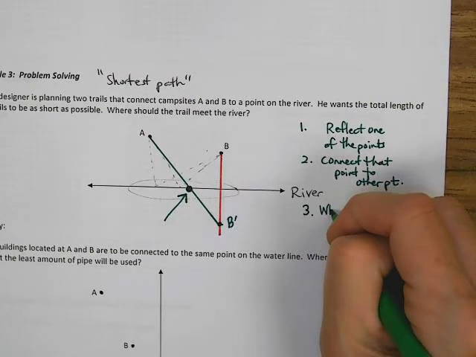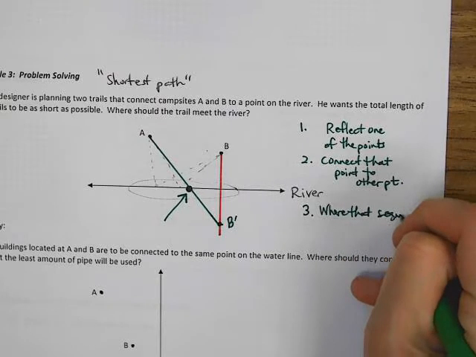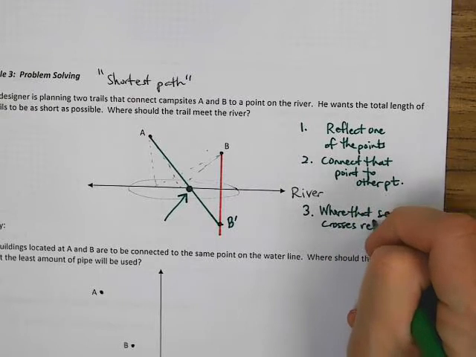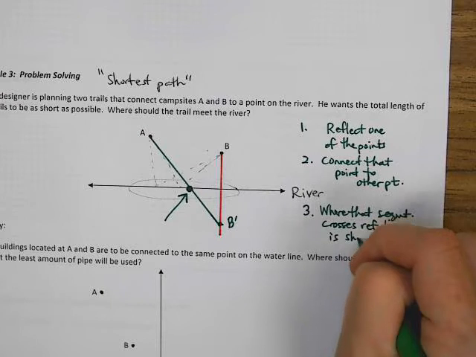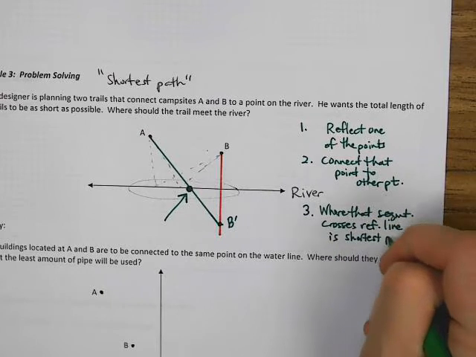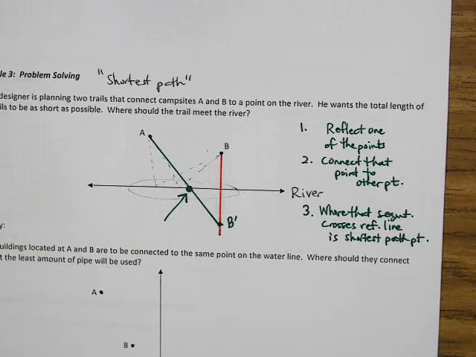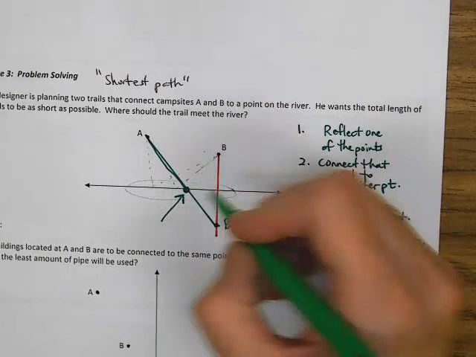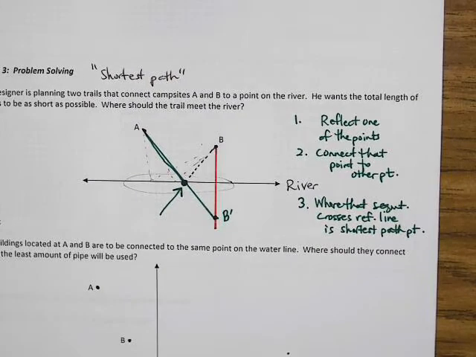So where that segment crosses the reflection line is the shortest path point. So if I wanted to build the shortest path, I would go from A to this point and then from that point back to B, and that would be my shortest path.